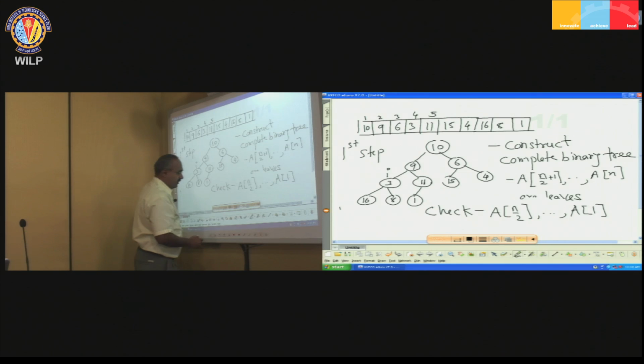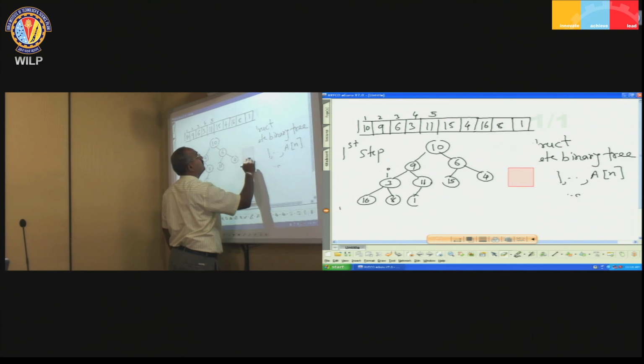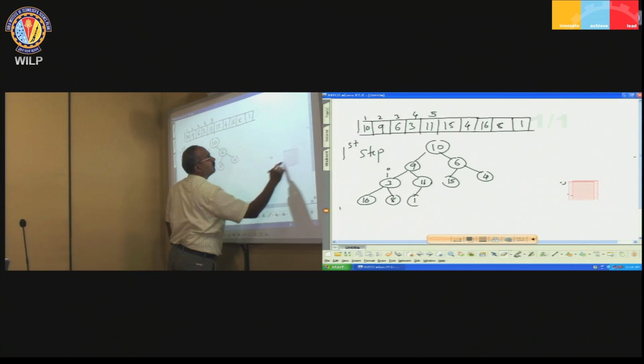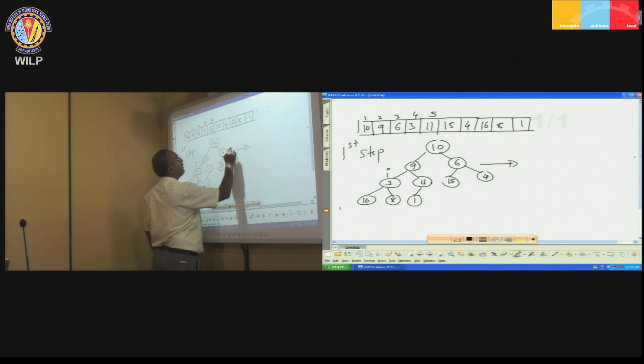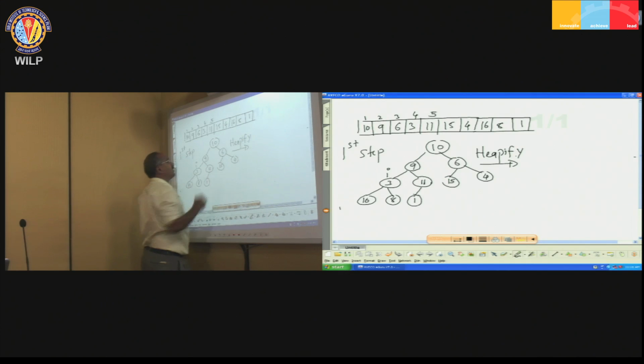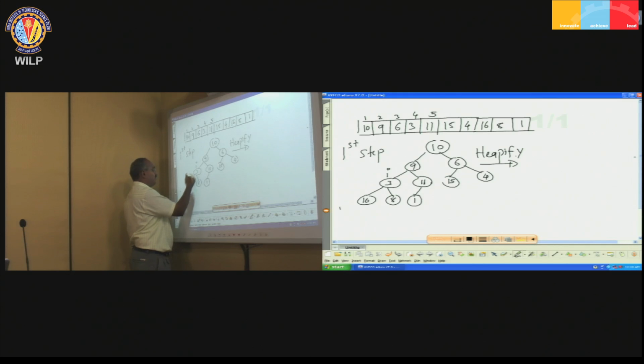So let me rub this now. I will try to draw the corresponding tree. At this particular point you will call heapify here, and rectify the property, and here you will let it float down.